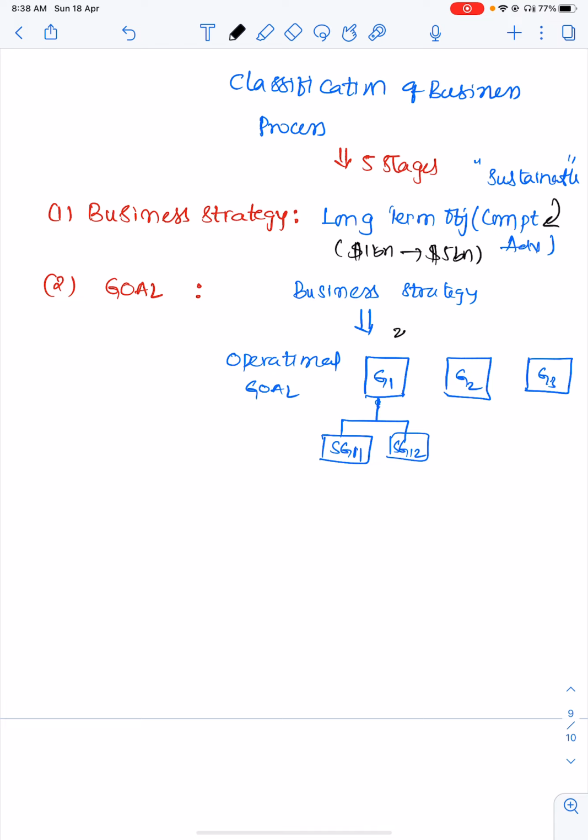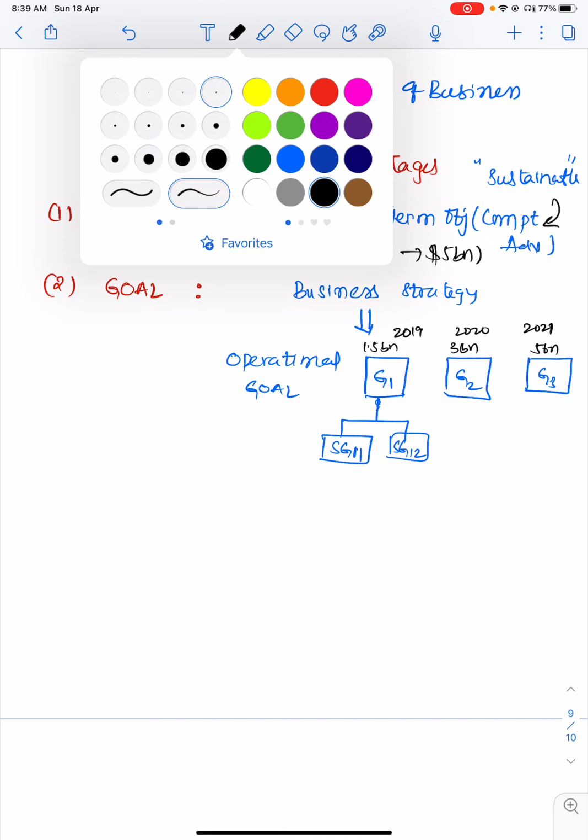Like in 2019 I have to become a $1.5 billion company. In 2020 I want to become a $3 billion company. In 2021 I want to become a $5 billion company. So this is how I divide the business strategy into certain operational goals. So this is the second stage.